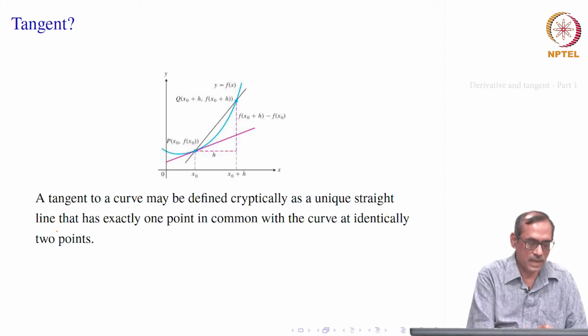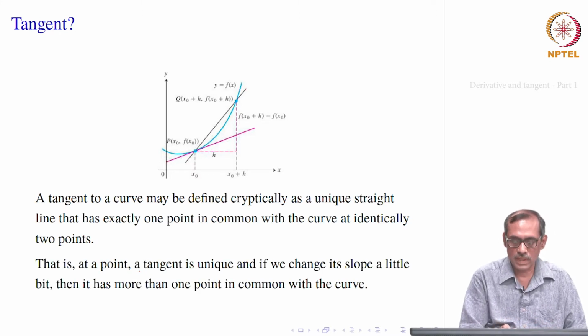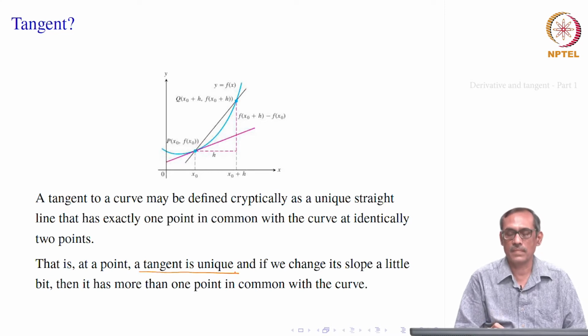It would mean something like this: the tangent is a unique straight line such that if you change its slope a little bit, then it has more than one point in common with the curve. It touches the curve at identically 2 points. If you change a little bit in its slope, the direction, then there will be at least 2 points common to the curve. It will become a secant.